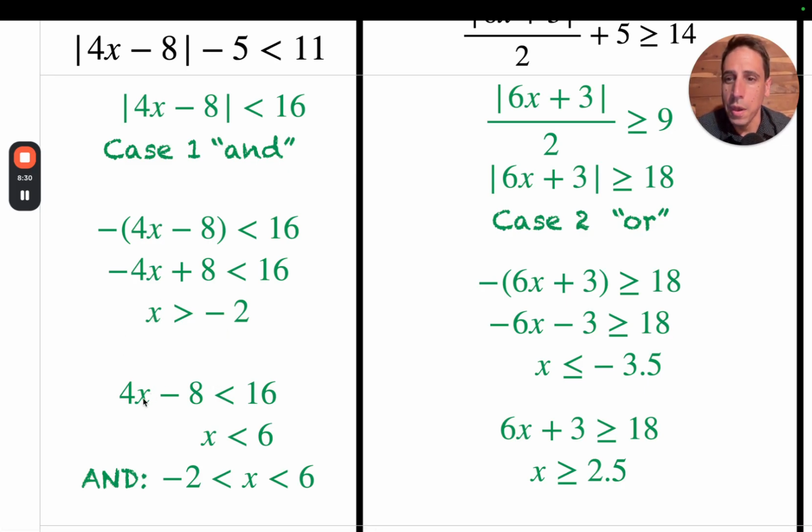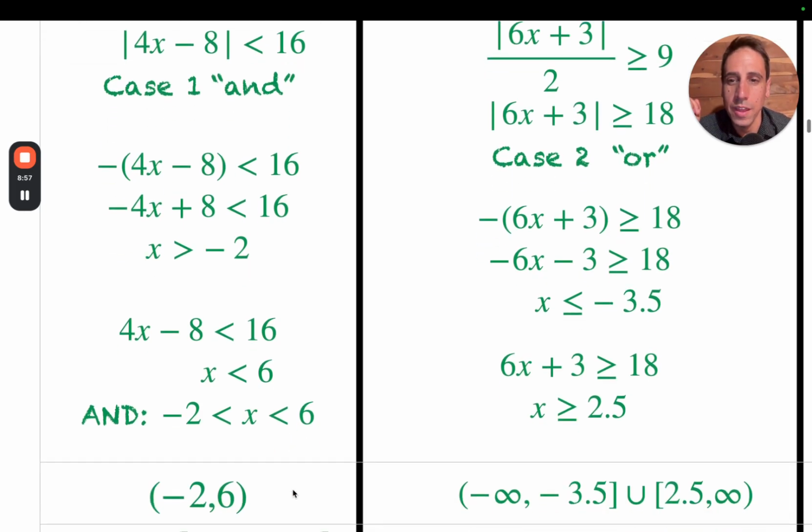You can also solve the positive version a bit more directly. Add 8 to both sides, divide by 4, and you get 6. So you need numbers that are simultaneously both greater than -2 and at the same time less than 6. If you wanted to recombine both of these statements into one compound statement, then it would be -2 less than x less than 6. X is right here in the middle, in between -2 and 6.